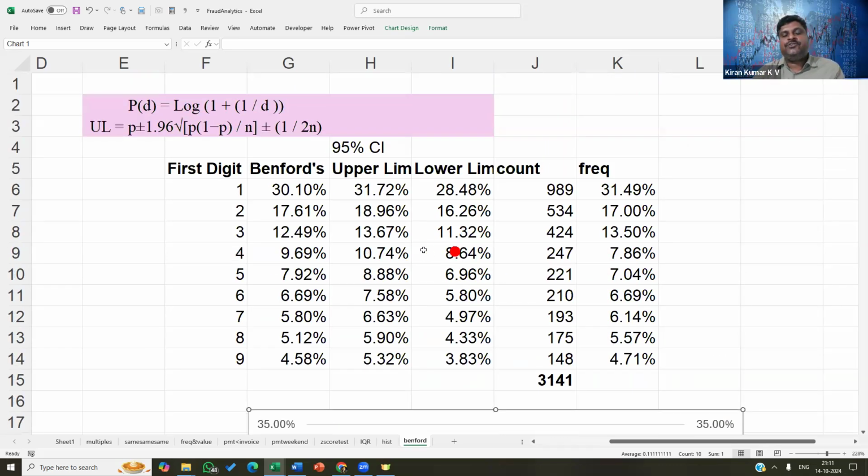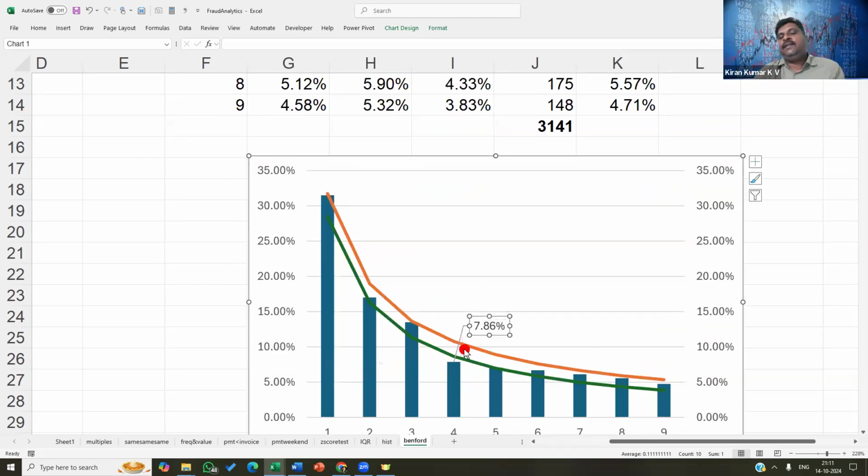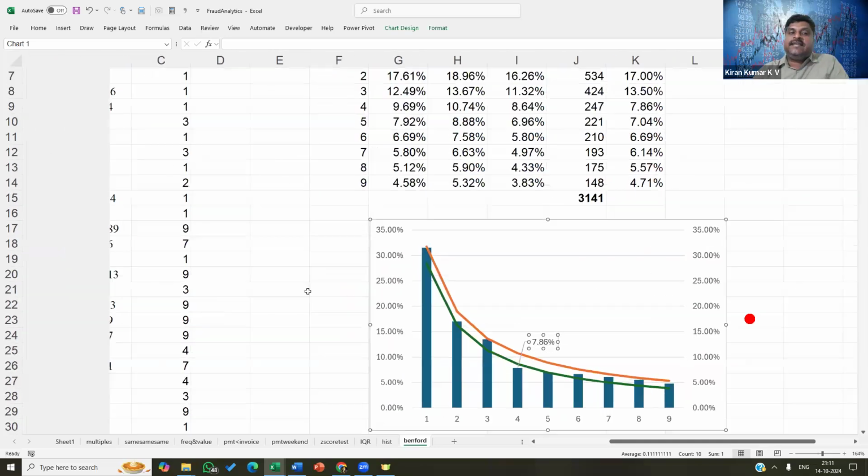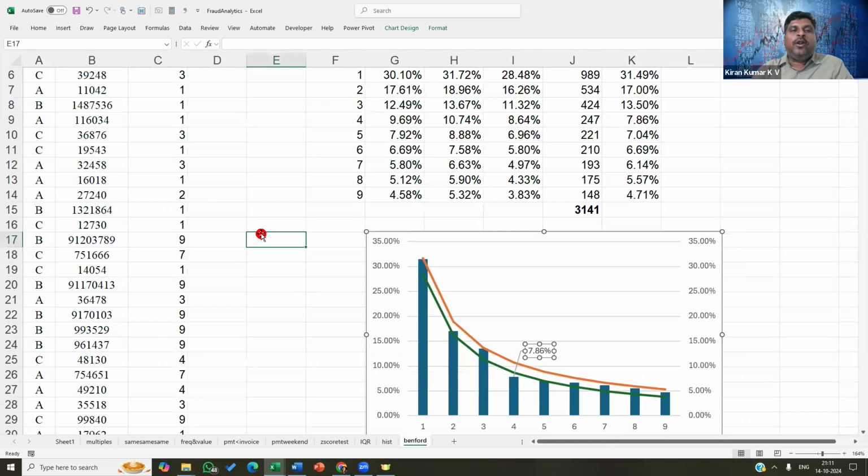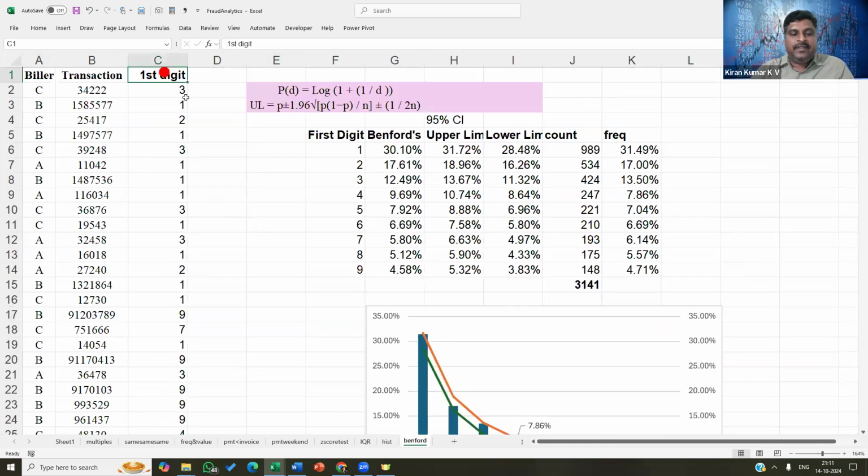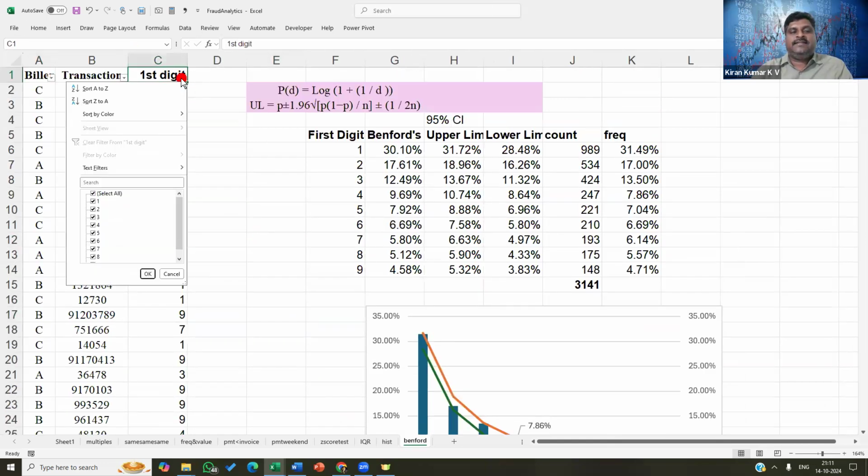The fourth digit should be at least 8.64%, but in this case I have 7.86%. So transactions with the first digit 4 are potentially fraudulent.